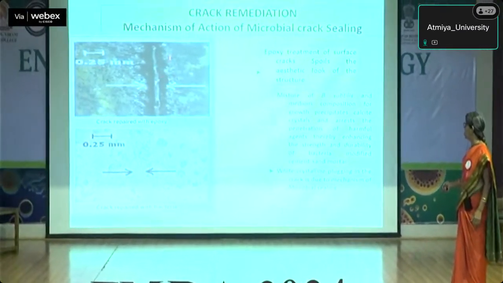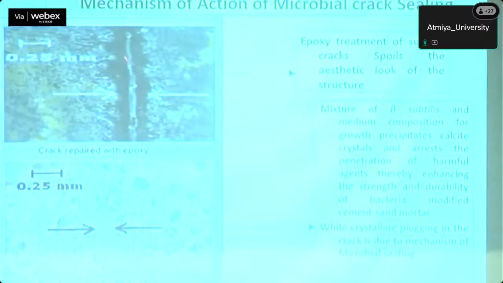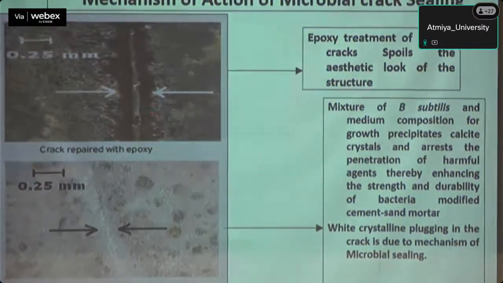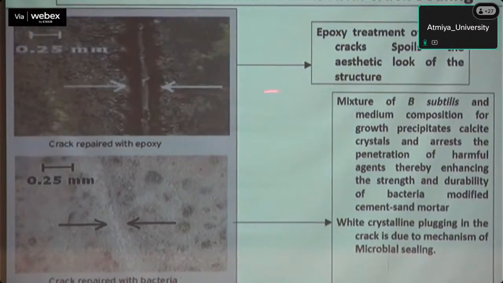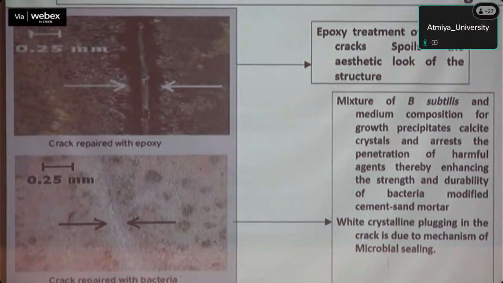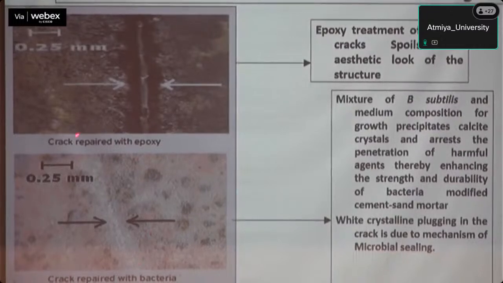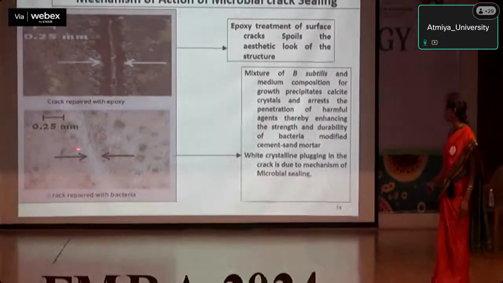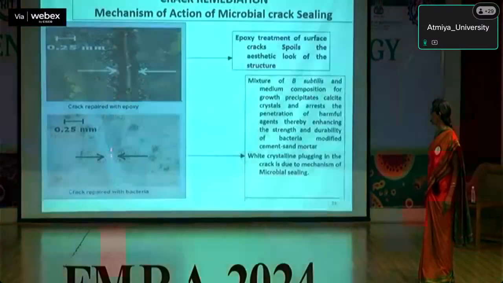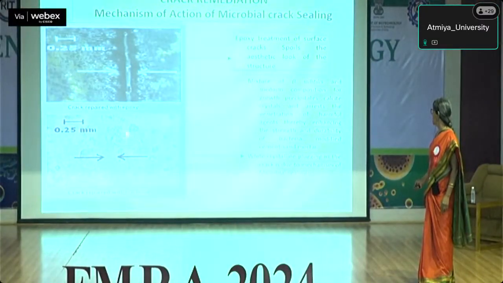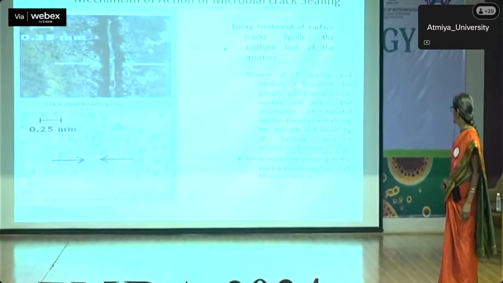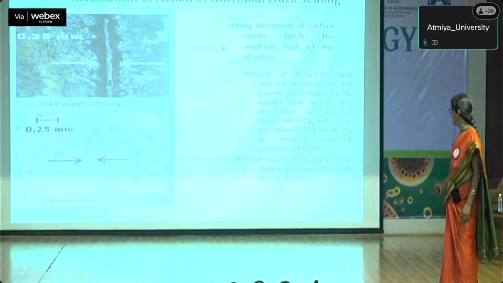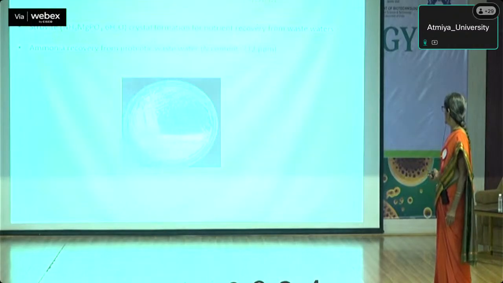Whenever there are cracks, it can result in self-healing. Whenever there are cracks, civil engineers use epoxy resins. You can apply your culture over there, and it will produce calcium carbonate and seal the crack. Same thing as epoxy resin, same thing with our bacteria. This is Bacillus subtilis, our bacteria that the civil engineers had used to do the work.